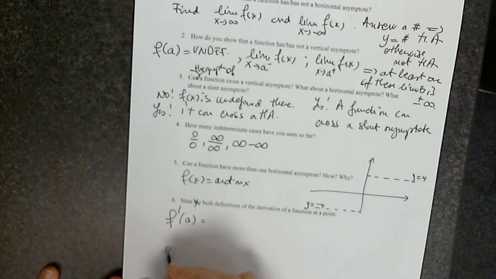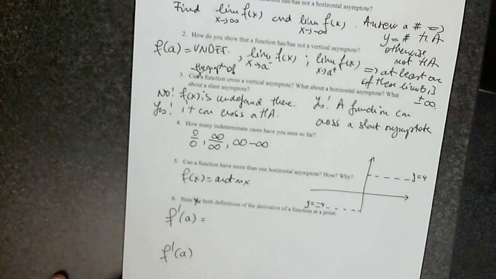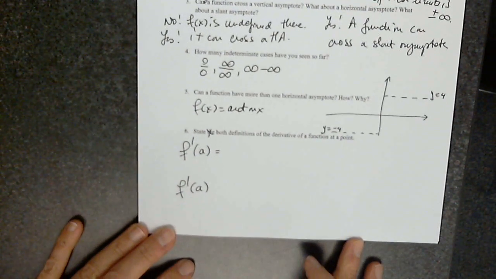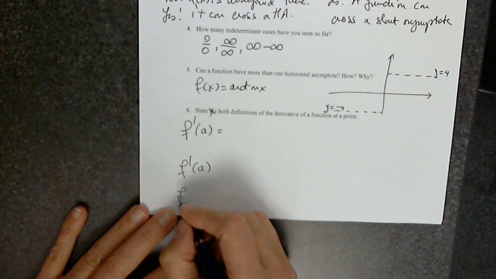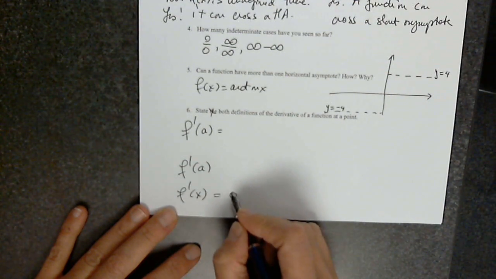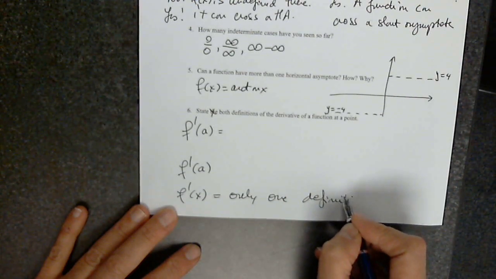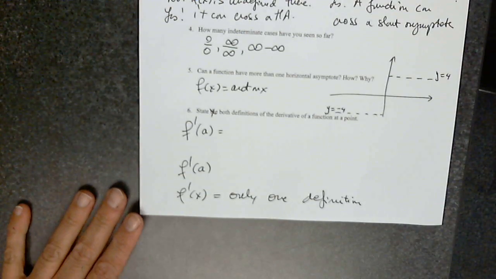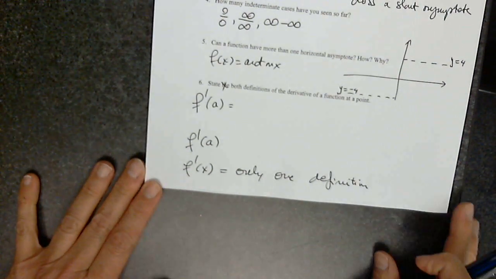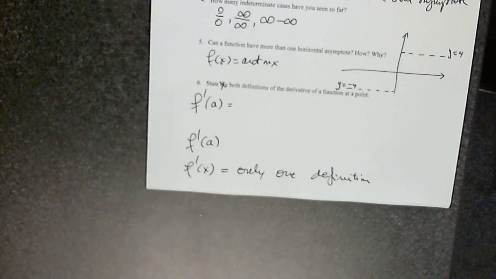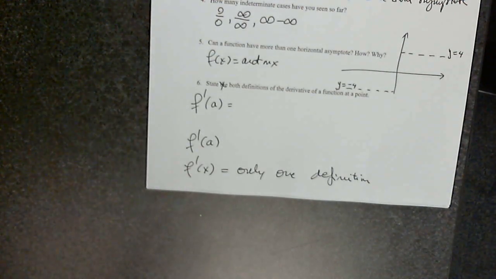So f prime of x has only one definition, and we'll talk about it today. But f prime of a has two options.